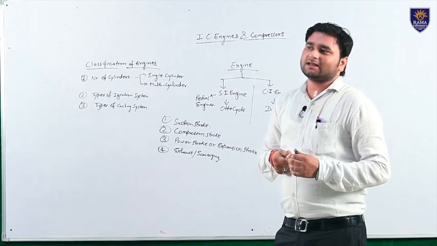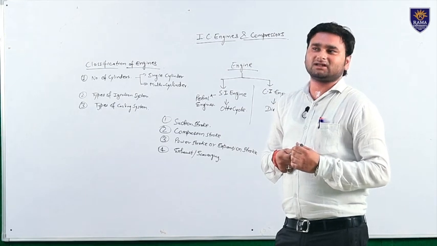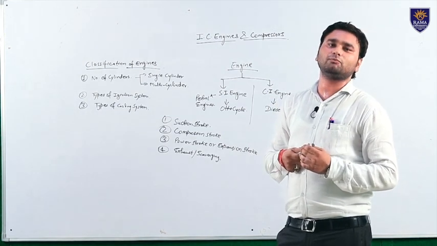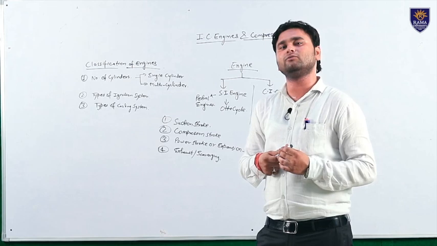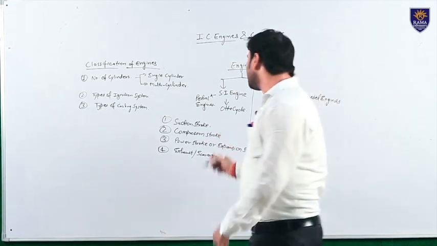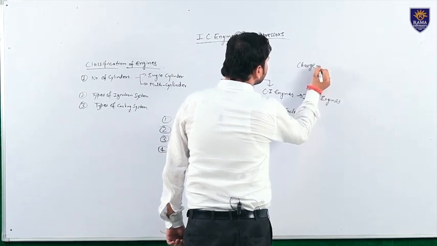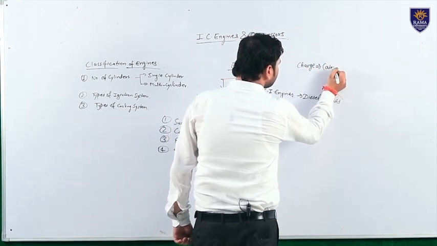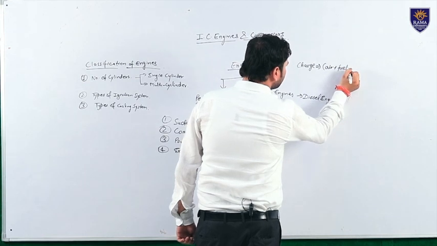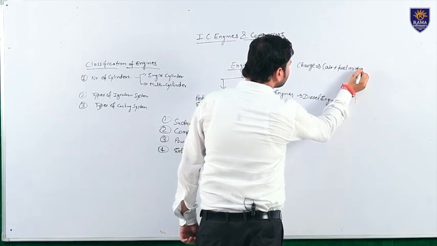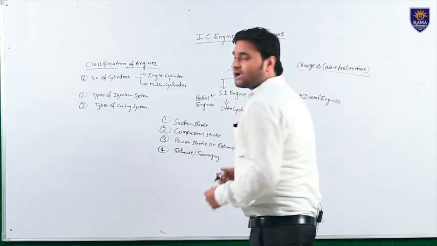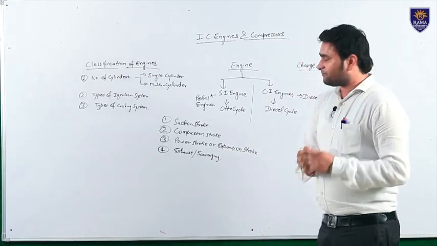We all know that carburetors are used in automobiles. The function of the carburetor is simply to prepare the air and fuel mixture, known as the charge. The charge is nothing but an air-fuel mixture, prepared with the help of the carburetor.